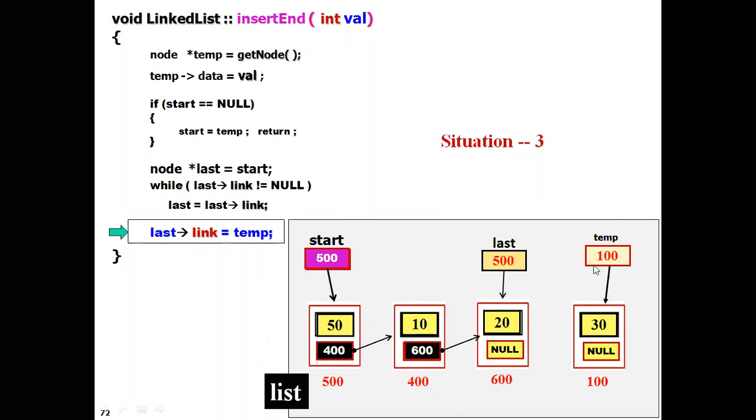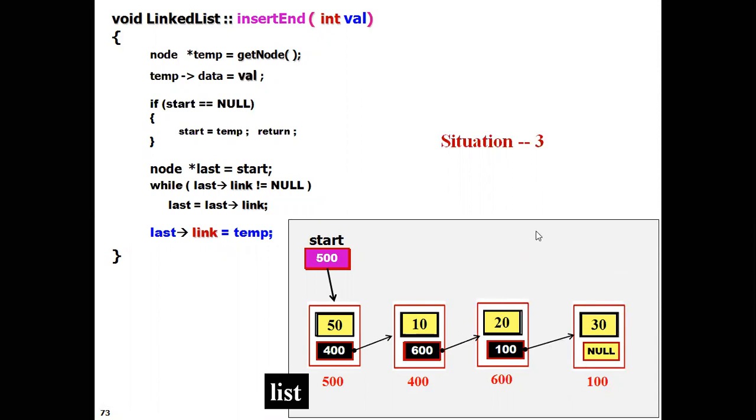Temp is 100, and it is copied to this link part, so this link part is pointing to the new node. The link is created. Then we come out of the function and these pointers are destroyed. You can see again the node is inserted at the end of the linked list.